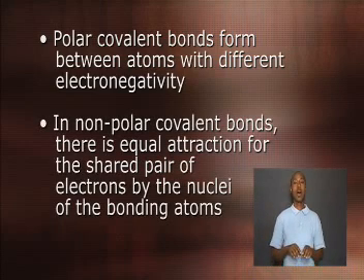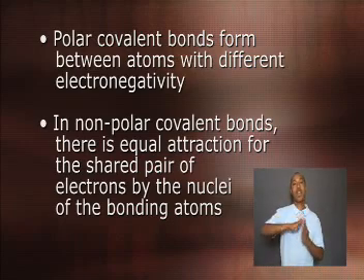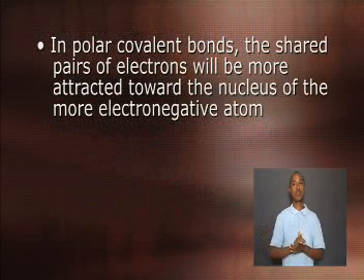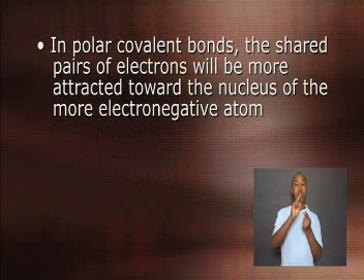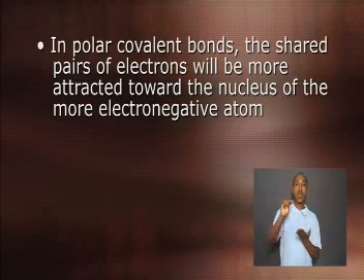As a result, in nonpolar covalent bonds, there is equal attraction for the shared pair of electrons by the nuclei of the bonding atoms. In polar covalent bonds, the shared pairs of electrons will be more attracted toward the nucleus of the more electronegative atom.